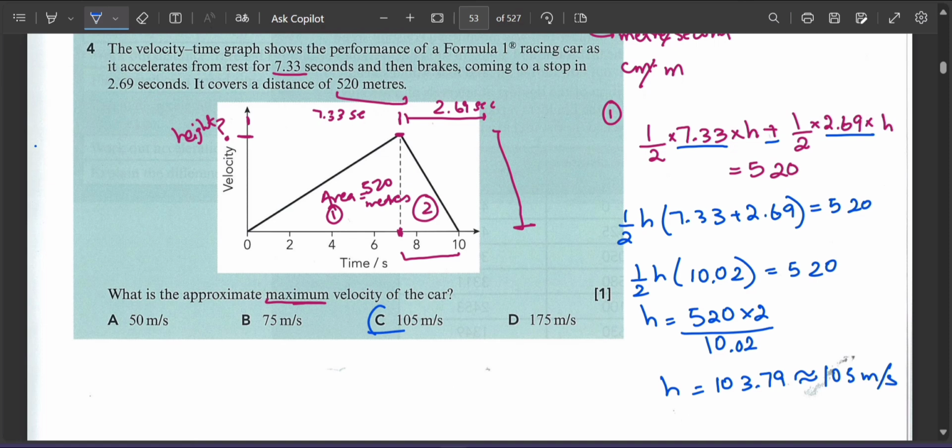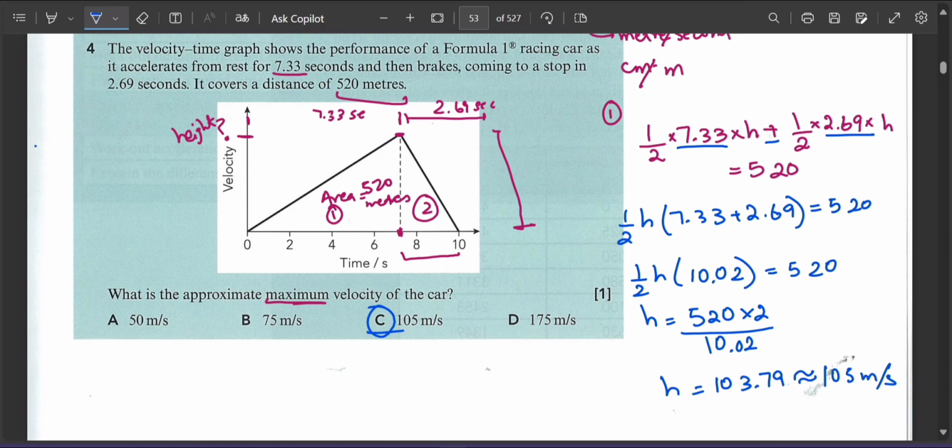So basically what we did, and what the question asked, was that there is a velocity time graph and it accelerates for 7.33 seconds, and then it takes a break and comes to a stop at 2.69 seconds. The entire distance covered was 520 meters, and we know the area under the velocity time graph is distance.